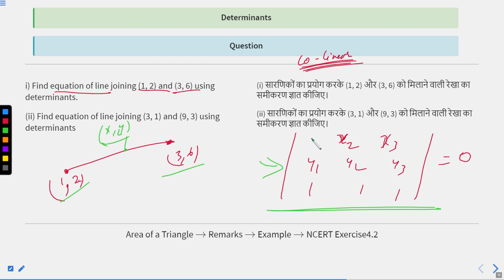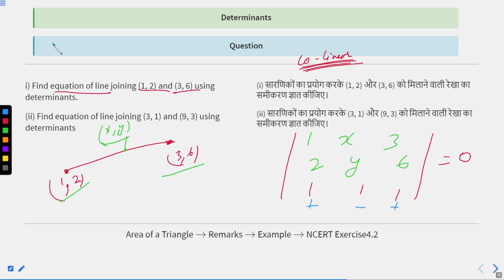So I'll be replacing things. So 1, this will be x, this will be 3, this will be 2, this will be y, this will be 6, and 1 1 1. Now just solve it, you will get your equation, and next we will verify whether we are getting it correct or not. Now I will be expanding using plus minus plus.